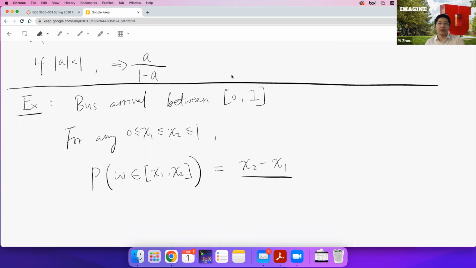Because the entire time interval has length 1, and we are considering the bus arrival between x1 and x2, this interval occupies x2 minus x1 percentage of the entire interval. So this is the probability for the bus arrival.